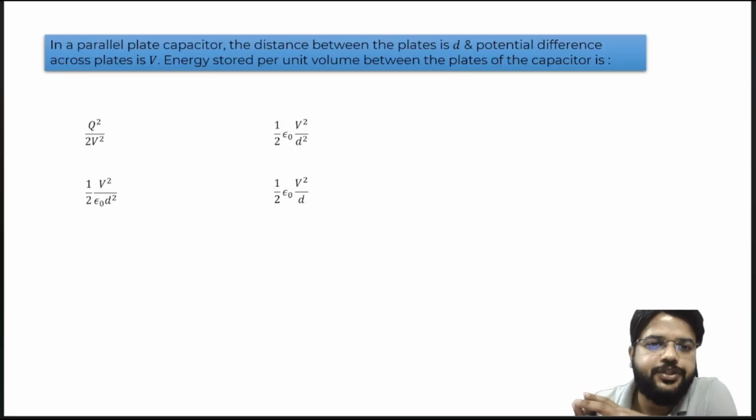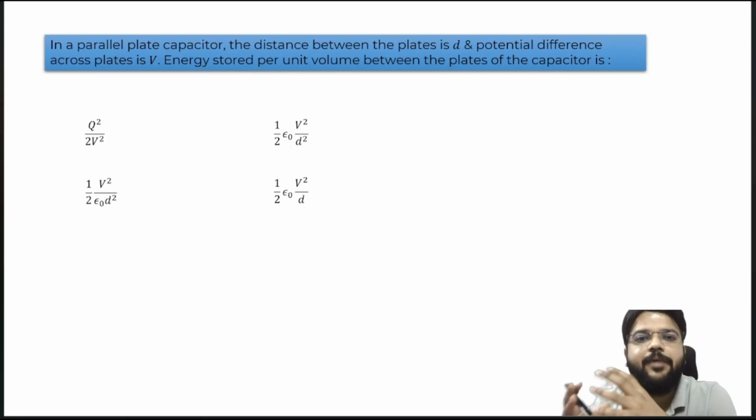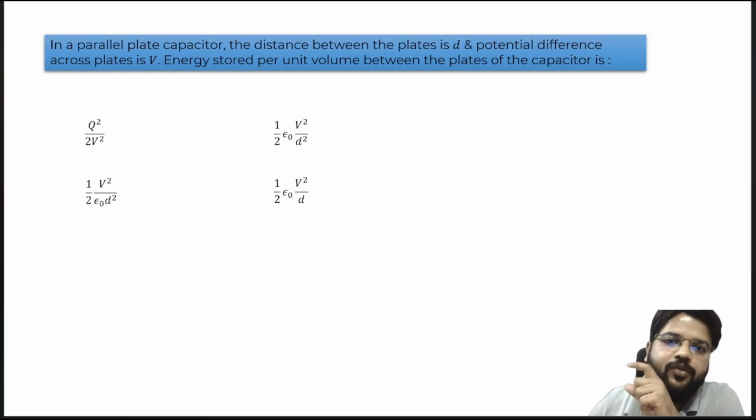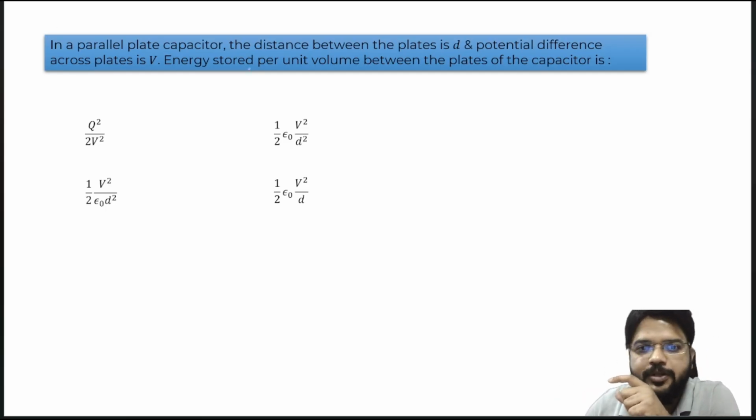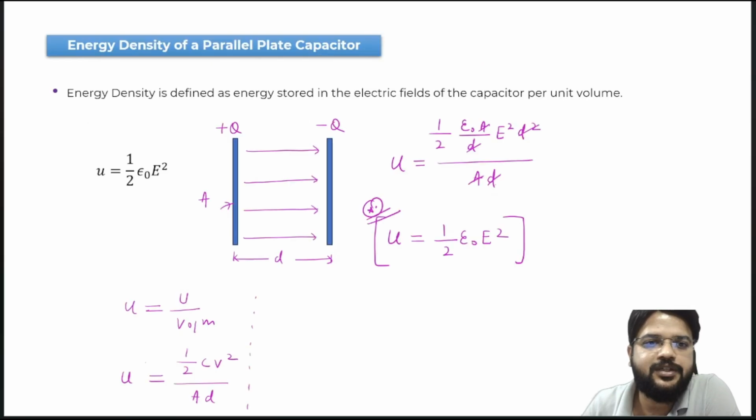Now let's read one question on the basis of this concept. So what is the question we have? In a parallel plate capacitor, the distance between the plates is d, the potential difference across the plates is V, the energy stored per unit volume between the plates of the capacitor is what? So here we want energy stored per unit volume, meaning we require the energy density. Correct? We are looking for the energy density, and the energy density formula we already know, it is half epsilon naught E square.